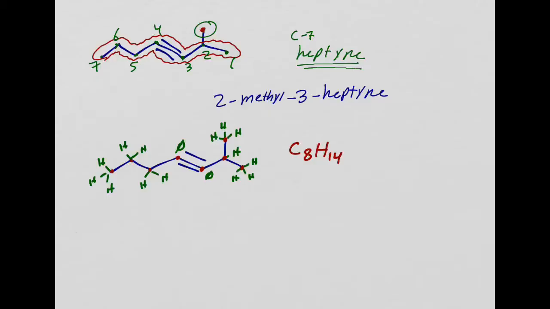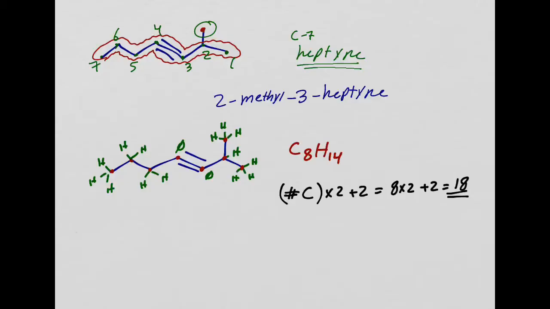If this was an alkane and no triple bond, how many hydrogen would it have? Number of carbon times 2 plus 2. 8 times 2 plus 2 would be 18. That would be the number of hydrogen, right?